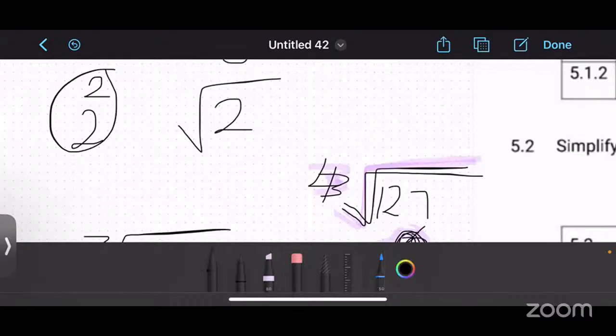Cube, ma'am. Is it 2 cubed or square root of 2? It's square root of 2, no? Yes, ma'am. So when the 2 is up here, we call the number first, no?